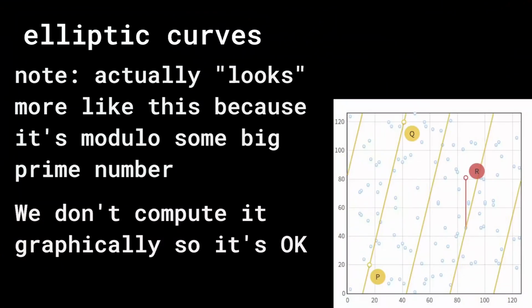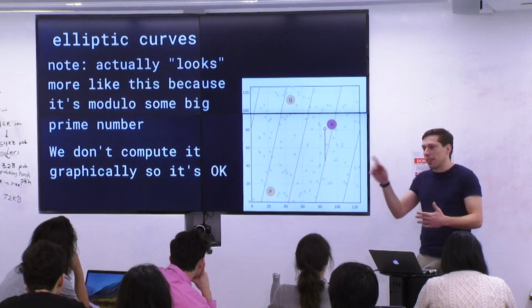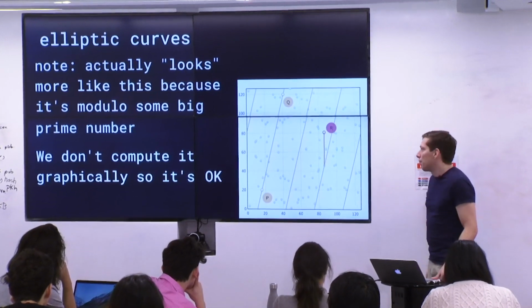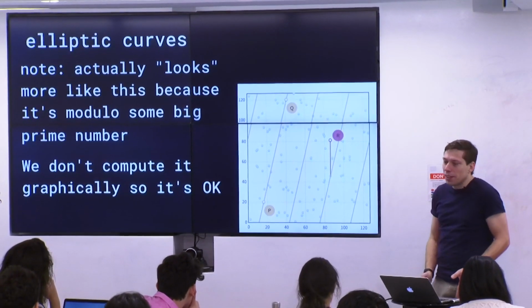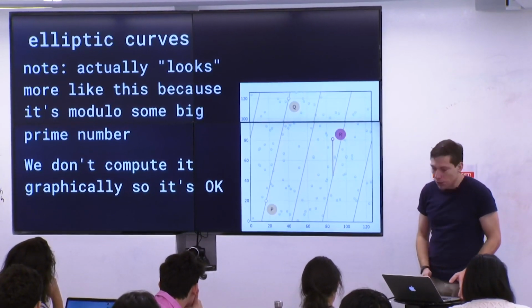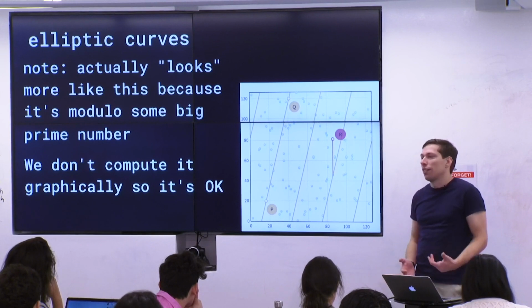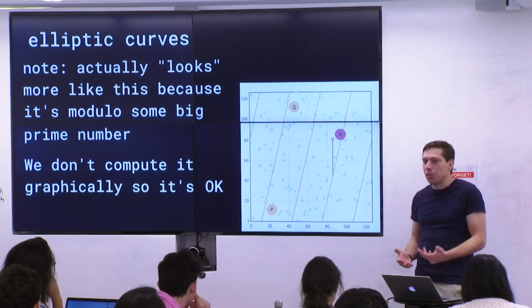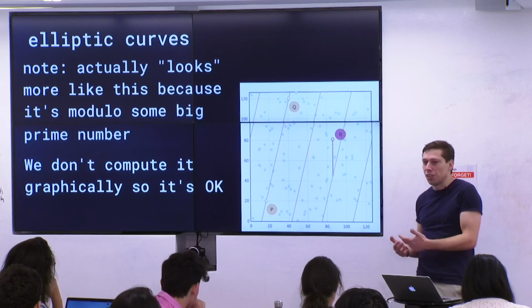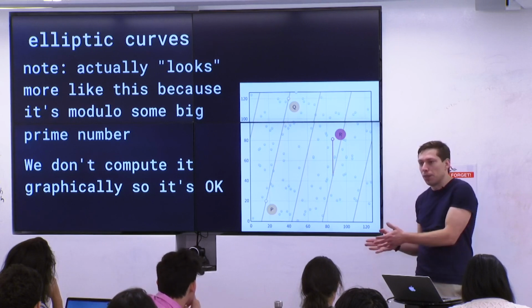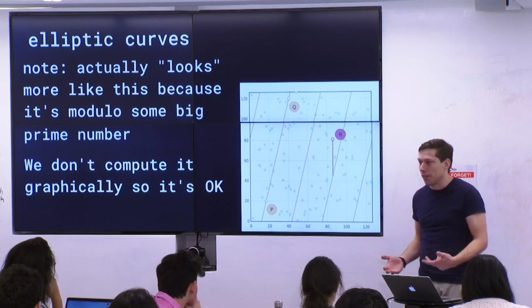But the way the computer does it is all modulo a number, so it doesn't actually map to a nice curve. However, the fun thing about doing modulo is all the properties stay the same. Like with regular numbers, you can still do addition, multiplication, division, all modulo some number, and it still all works, right?